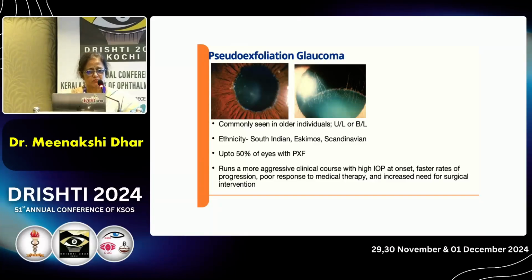Both the South Indian population as well as the Scandinavian population are more prone to it. And 50% of patients who have pseudoexfoliation end up having a glaucoma. Since it runs a more aggressive clinical course, we should ensure that we have good control, whether with medical therapy or with surgery.